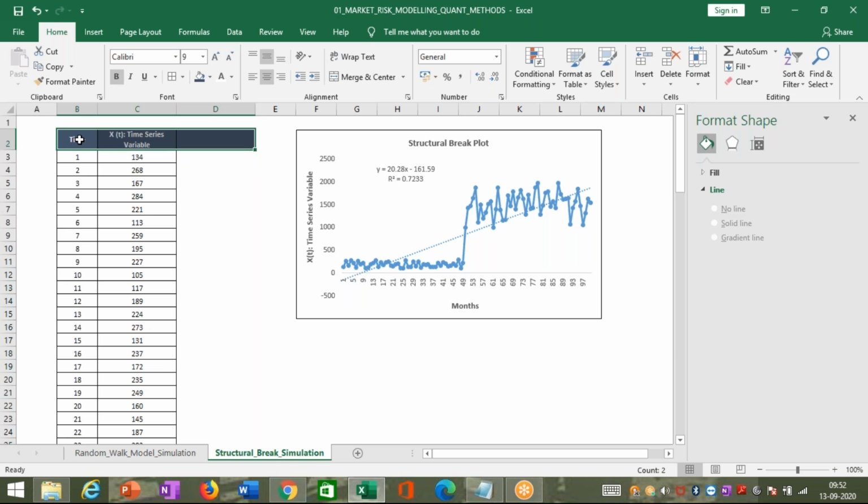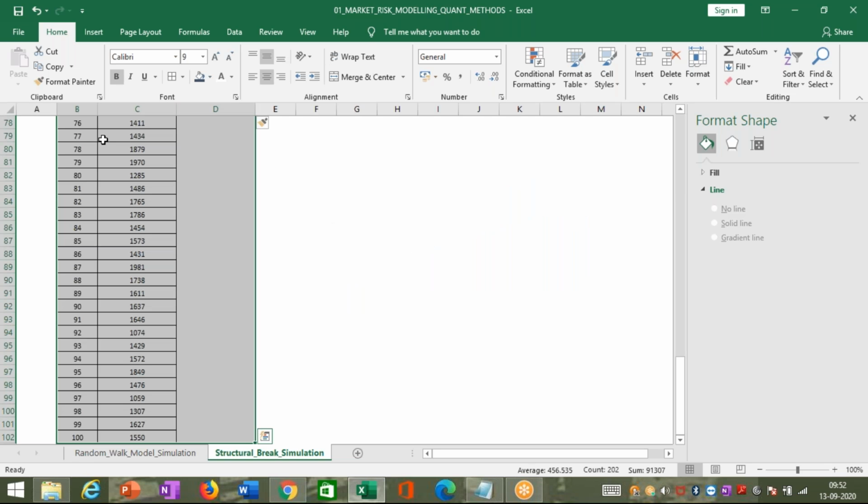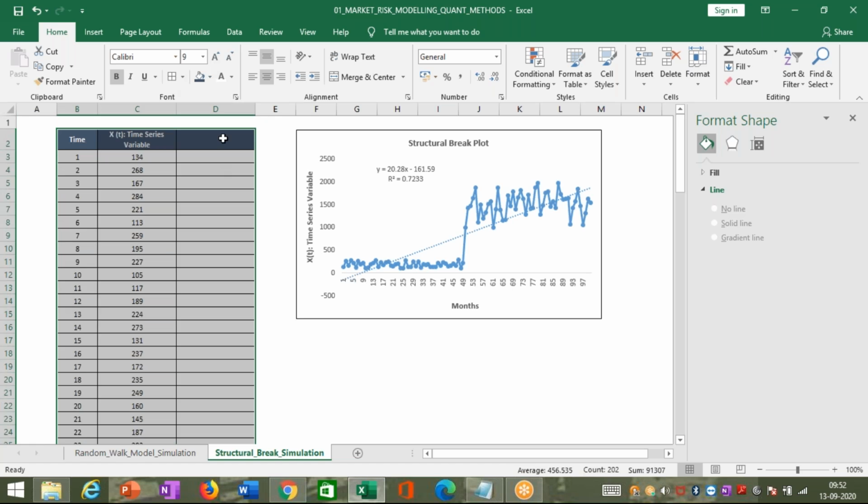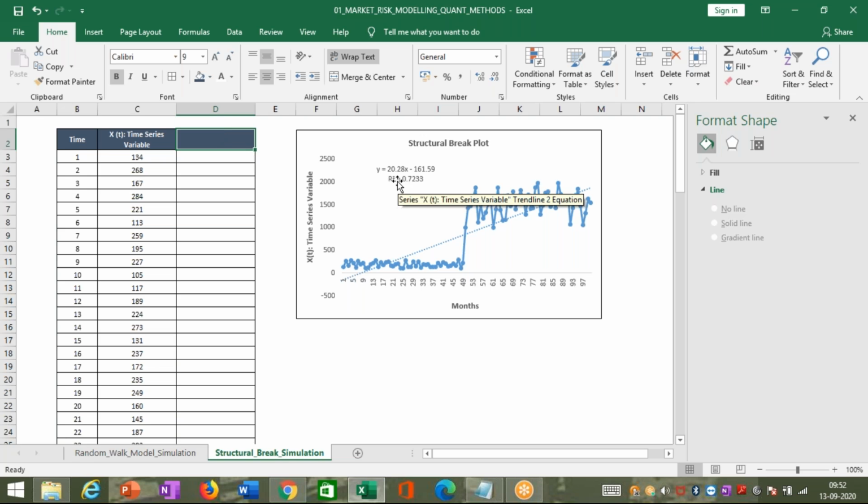And the equation that I am using over here is a very simple equation, a simple AR1 process, and the coefficient that I am talking about is this one. So you can see that y is equal to 2.28x minus 161.59, right?